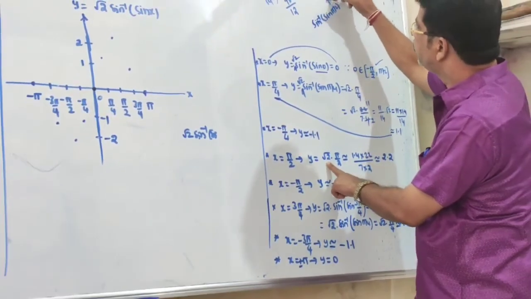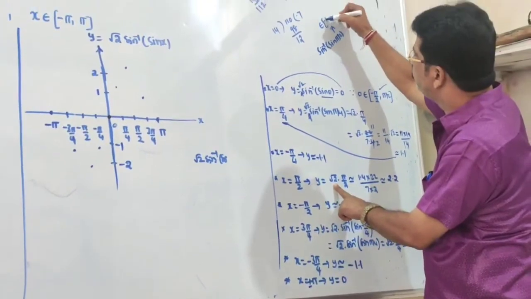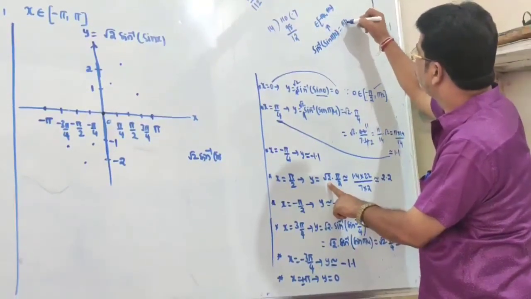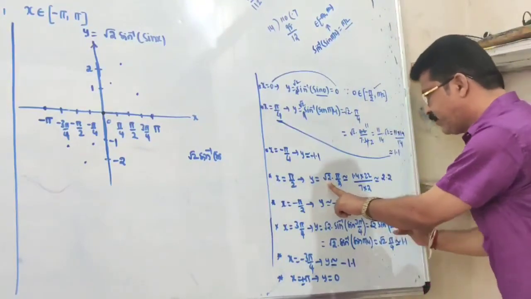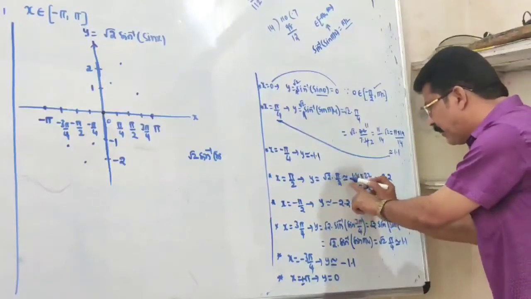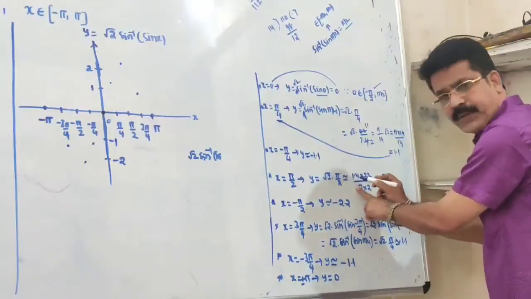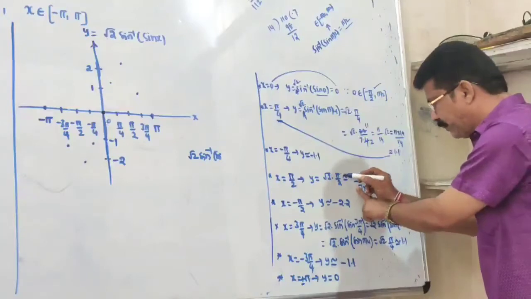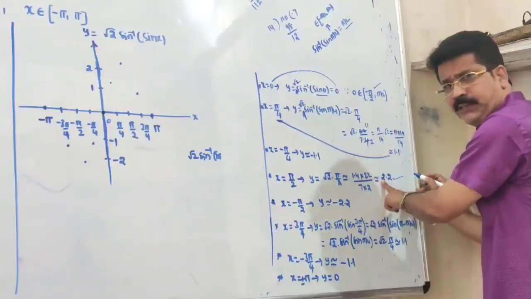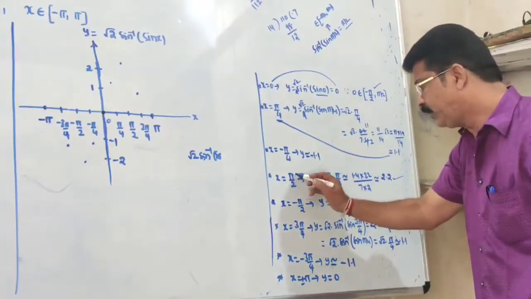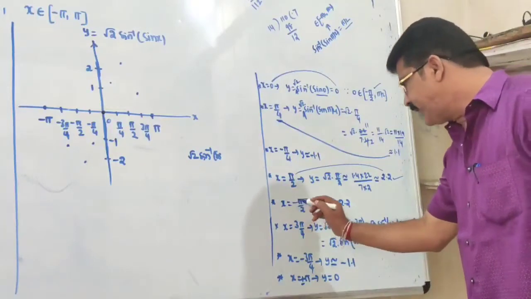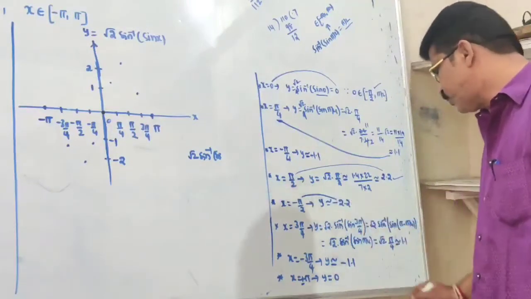Pi by 2 already belongs to the closed interval of minus pi by 2 to plus pi by 2, so directly we can write pi by 2. So approximately, taking root 2 as 1.4 and pi as 22 by 7, it is approximately 2.2. So when x equal to pi by 2, y is 2.2, and when x equal to minus pi by 2, y is minus 2.2.